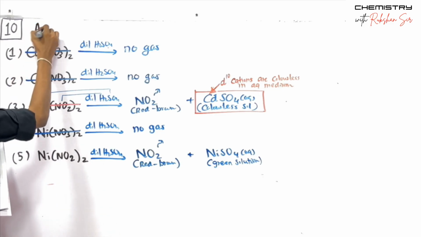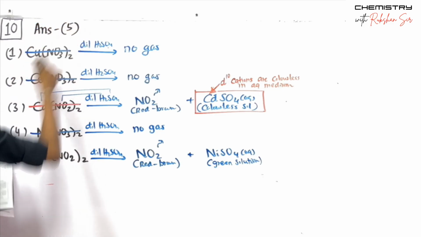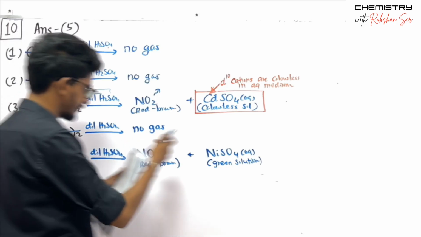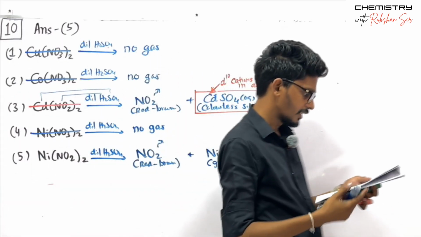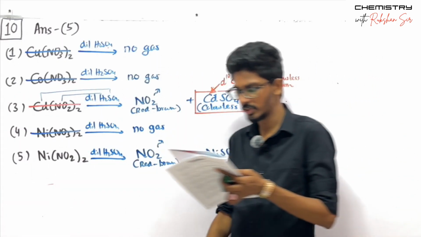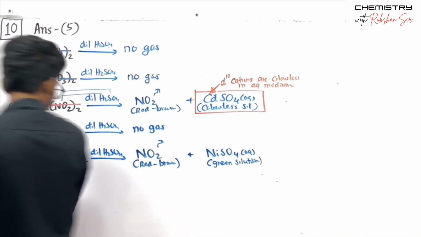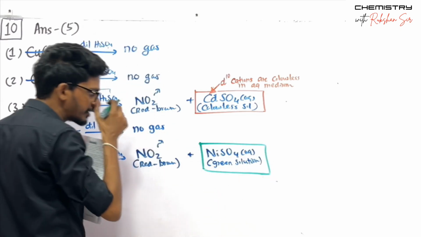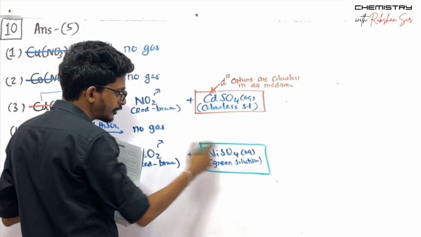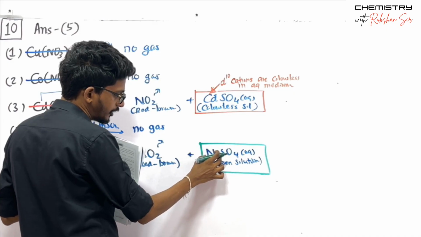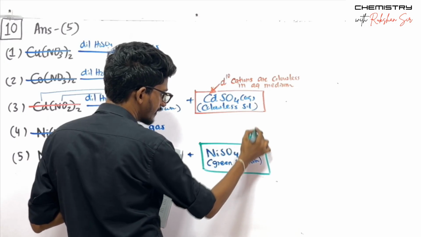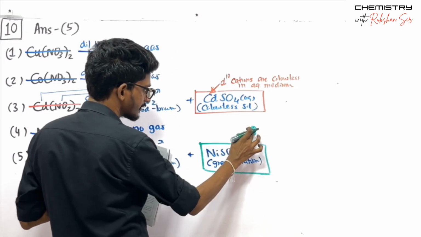We'll discuss further about the question, but the answer is there. Then addition of excess ammonia to this solution gave a blue colored solution. Nickel comes up as a d8 cation, the 28th element, nickel, d8 cation.